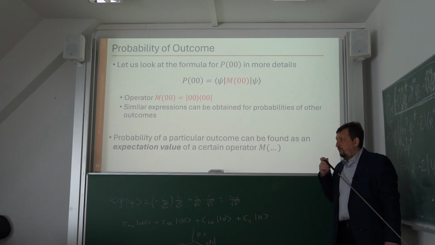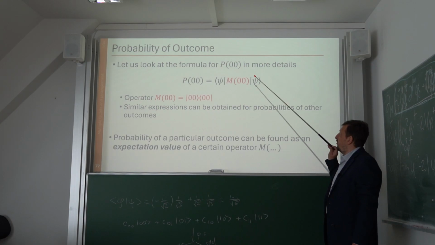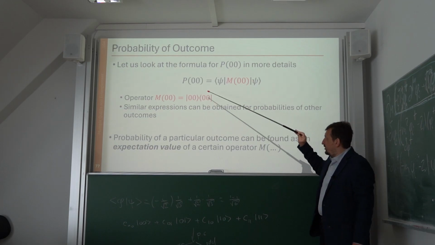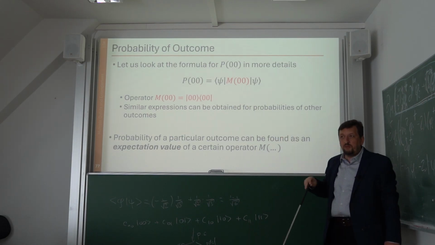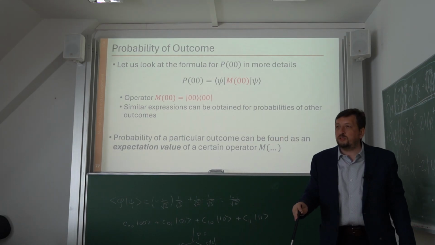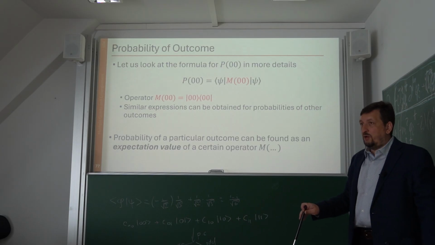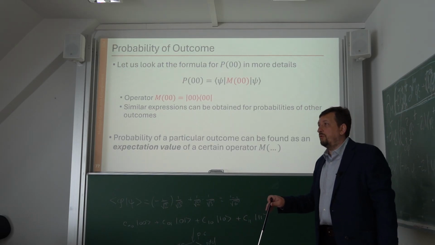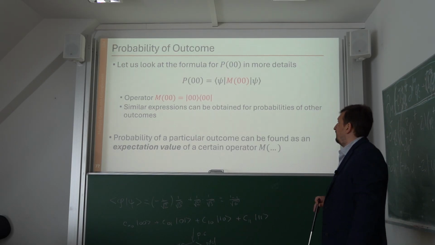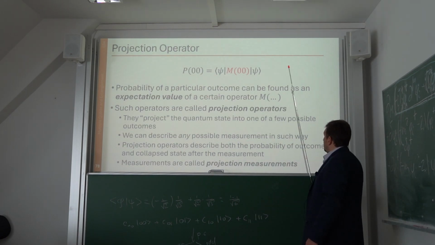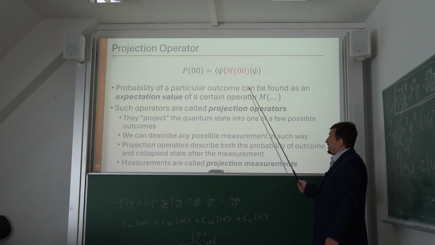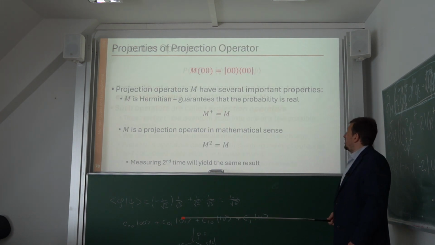If you can imagine some measurement, then you can write such a projection operator for each outcome of the measurement. Whatever can be written in such form can be measured. Whatever cannot be written in such form cannot be measured. And such measurements are called projection measurements.